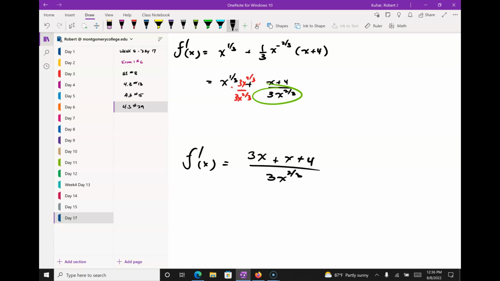It's not cheating, it's thankfully works out that way. So clearly it's 4x plus 4 over 3x to the 2/3. So it looks like I get a critical of -1 and 0.